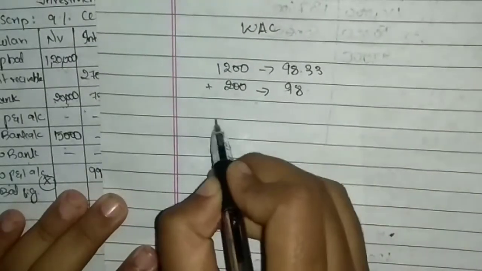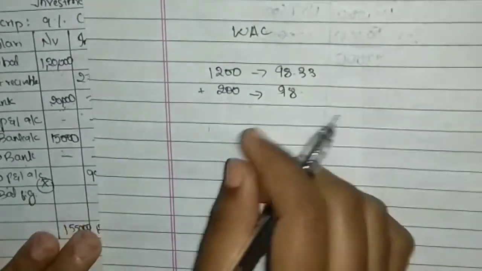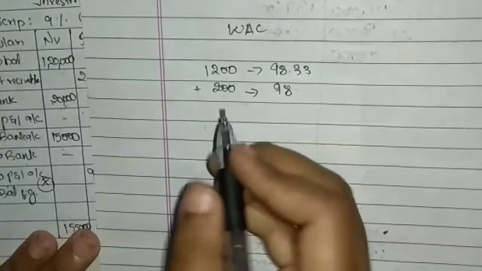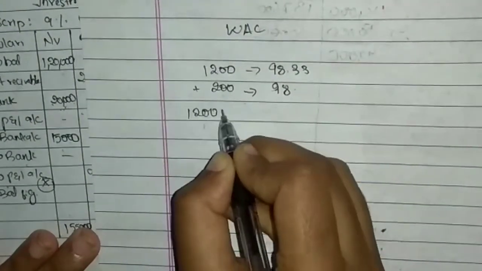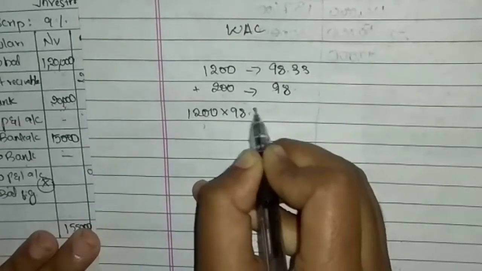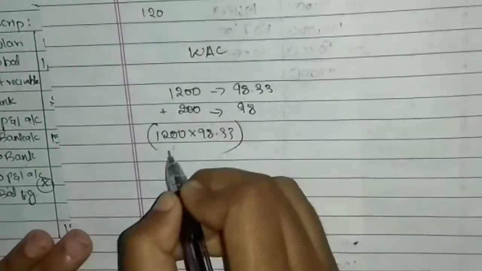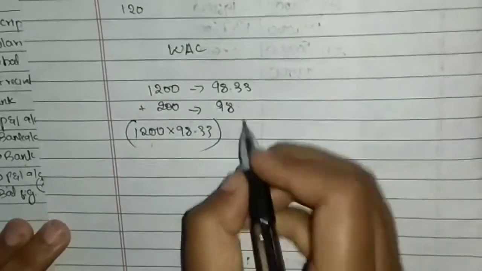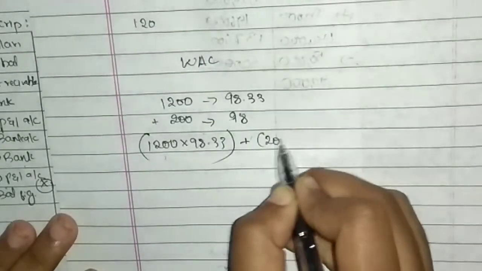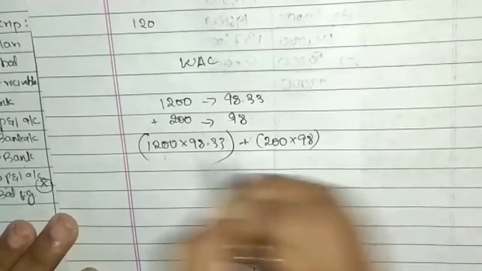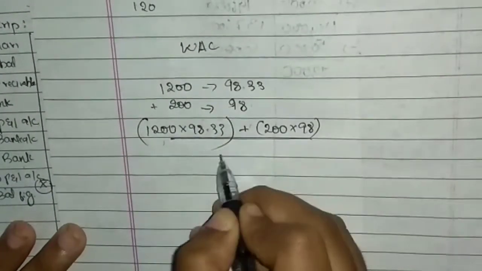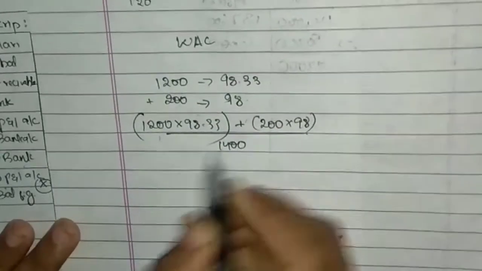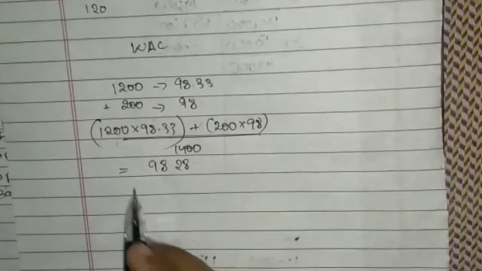Whenever you sell, you need to prepare a WACC. 1,200 into 98.33, cost of this plus 200 into 98 divided by the total of the units 1400. So this we get 98.28.